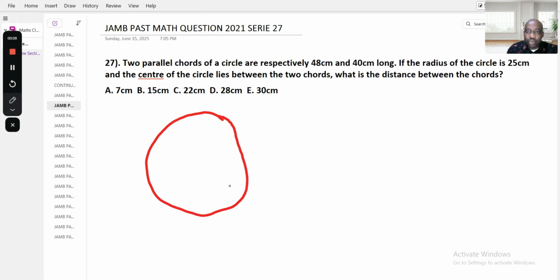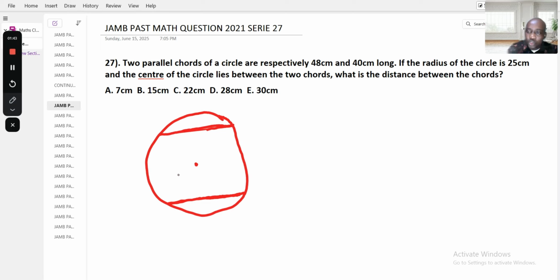This is the circle. From here to here is one chord. This is called a chord. From here to here again, like I was saying, is one chord, and this is another chord. And this is the center of the circle, isn't it?